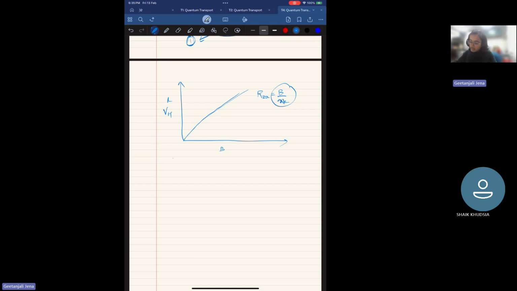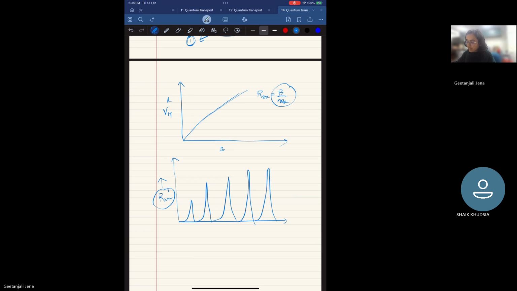And we will see quantization in terms of the Landau level in the presence of a strong magnetic field. If you recall the figures, the resistance along the direction of current shows an oscillatory behavior. And also for the Hall resistivity, it is linear in the low field regime, but gradually it shows a step-like behavior.